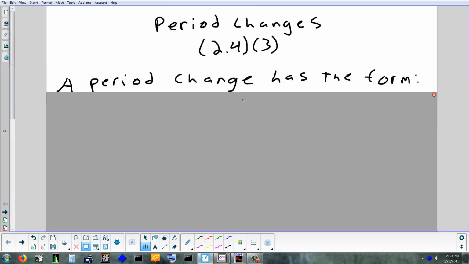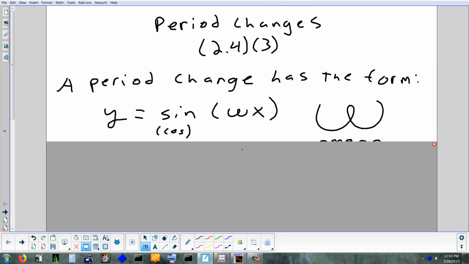So now let's look at a period change. We already know it's going to be multiplication, and we already said where it's going to be. It's going to be inside, next to the x. The letter that your book uses, you can use a different letter if you want, I'm just matching it up with the book. They use the Greek letter omega.